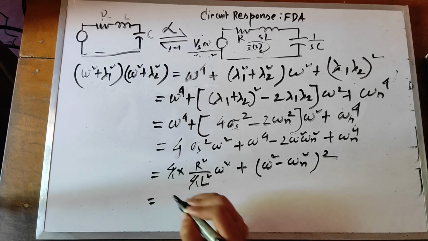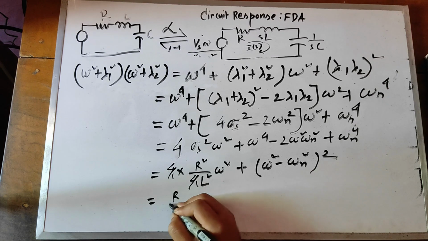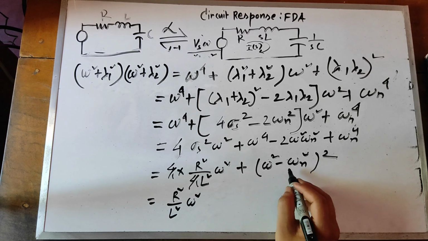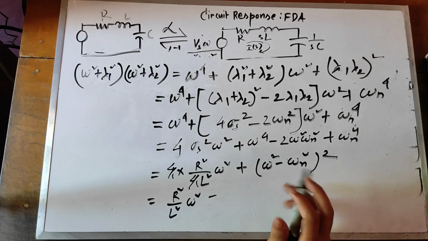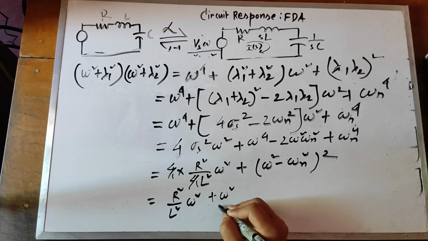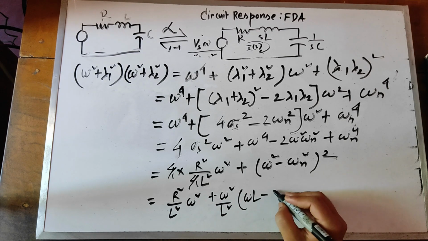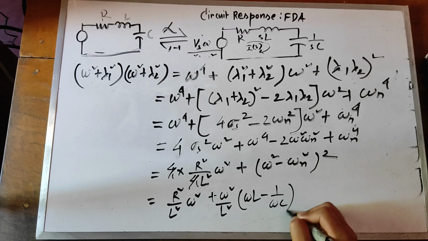Now this 4 cuts out, so this is R square by L square omega square. So if I take omega by L out from this term, so this will be omega square by L squared into omega L minus 1 by omega C.